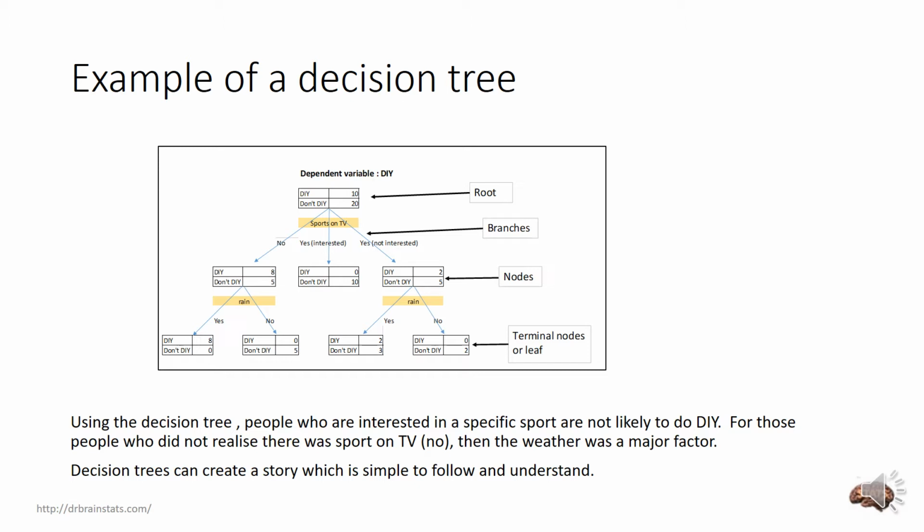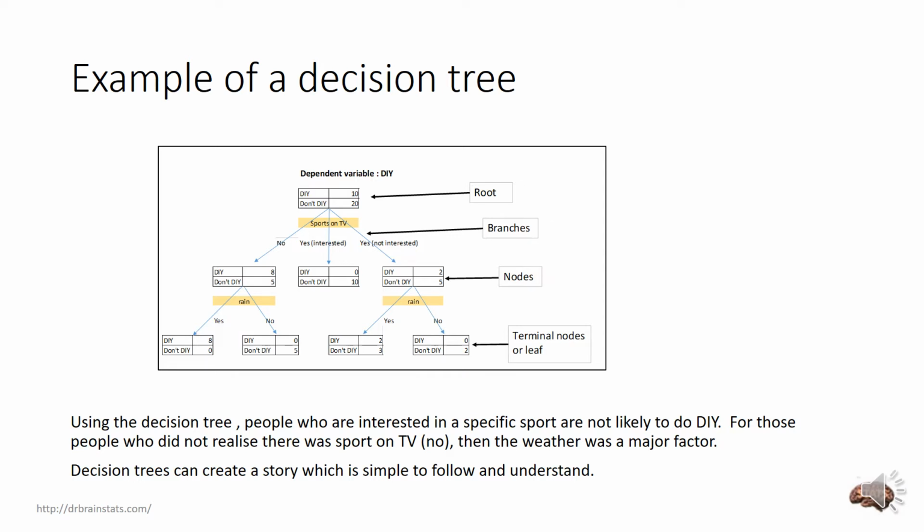So in our example here, we want to know if people are interested in doing DIY on that day. And it's made up. But our first query we want to look at was, was there any sport on television? Now we can see those who said they're not interested in sport, but no, then there is no significant split.